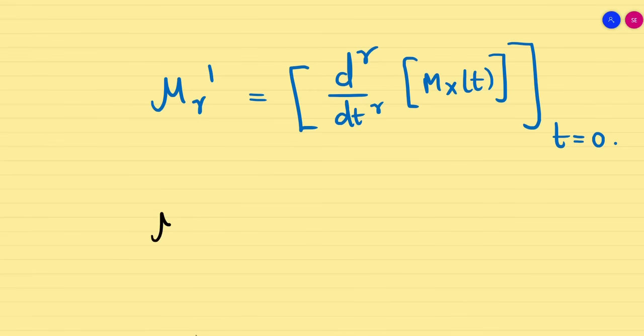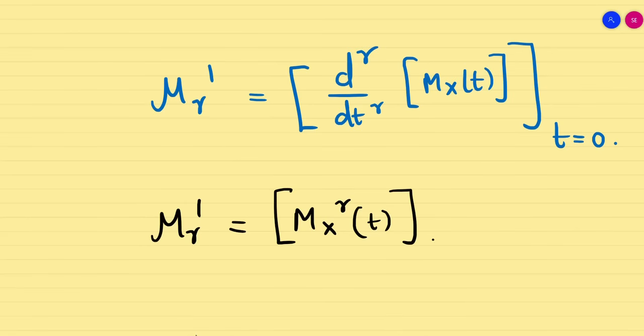For simplicity I am writing Mx r, that means differentiate r times with respect to t, and then I'll put t equal to 0, or more simply, r times 0. So this is the relation between the moment generating function and the moments. Now keep this in mind, and we are going to solve the problem.